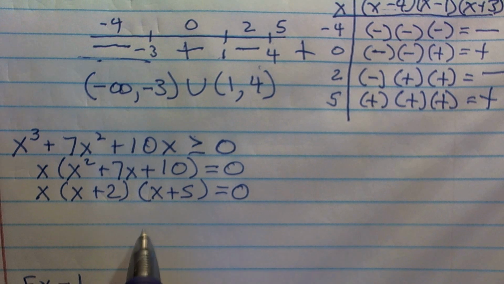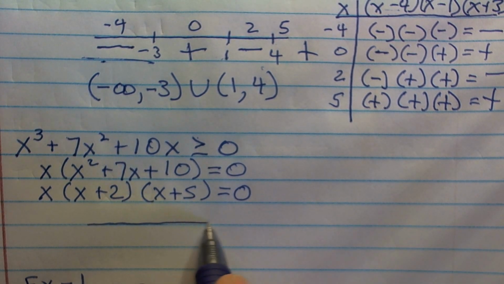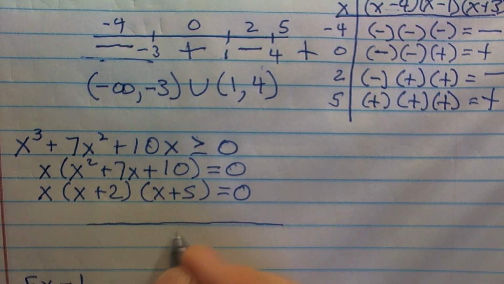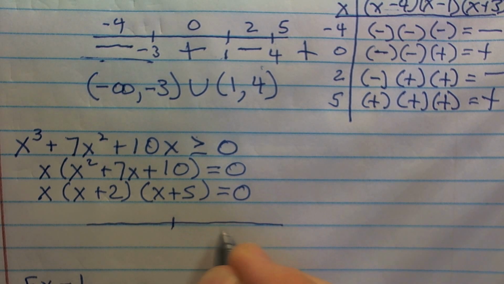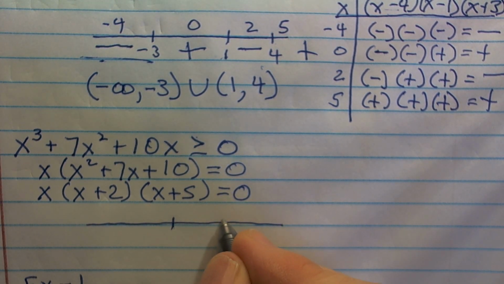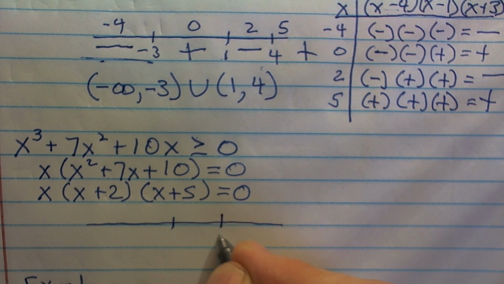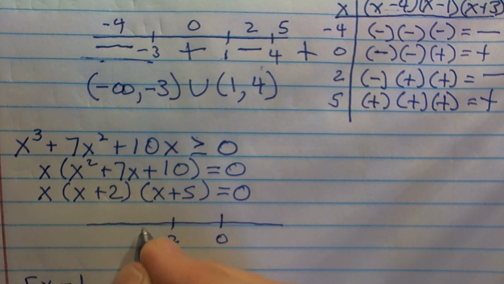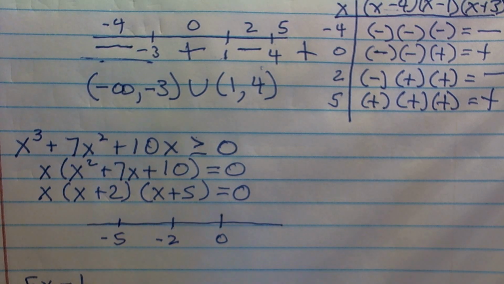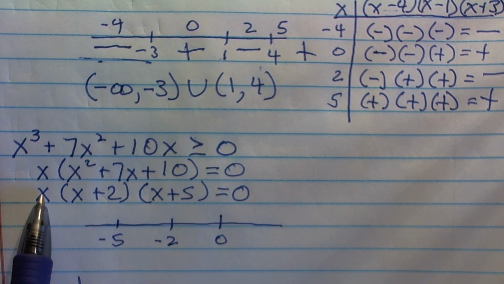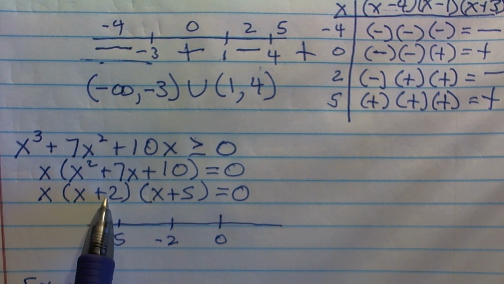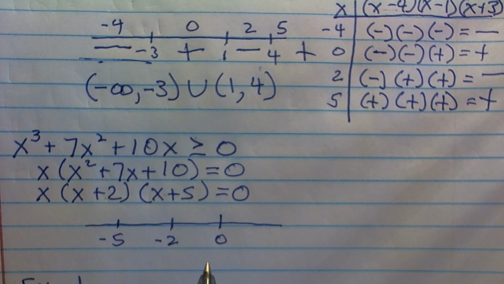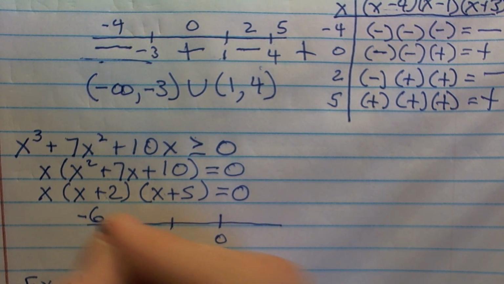And now we've got our boundary numbers. Dig this. We've got 0, negative 2, and negative 5. There we go. See, I get the 0 from here, the negative 2 from here, and the negative 5 from here. And then I test values.